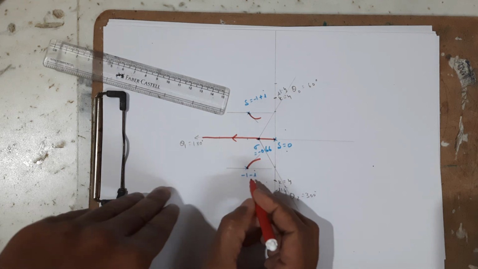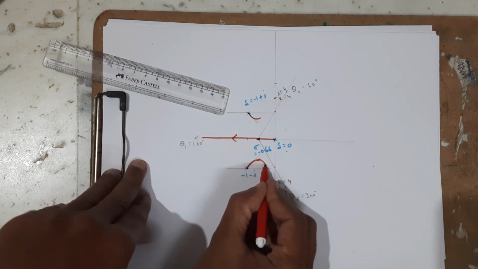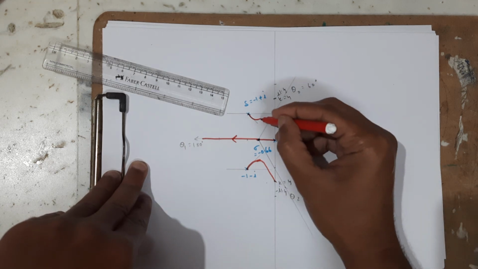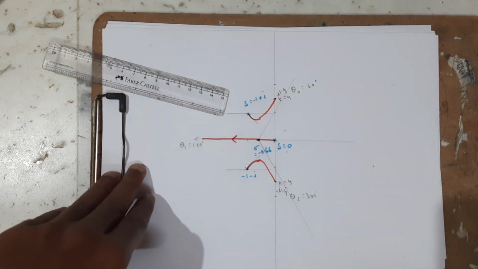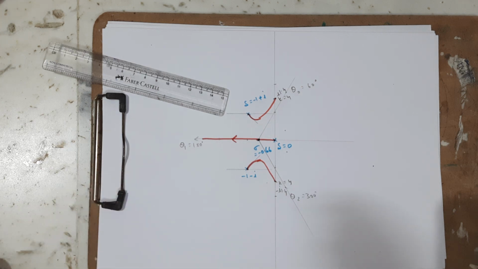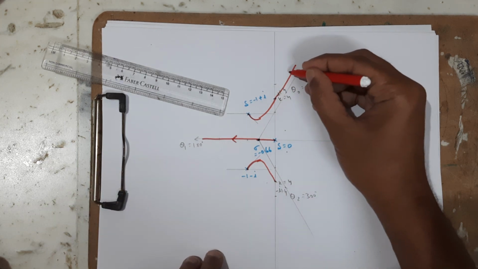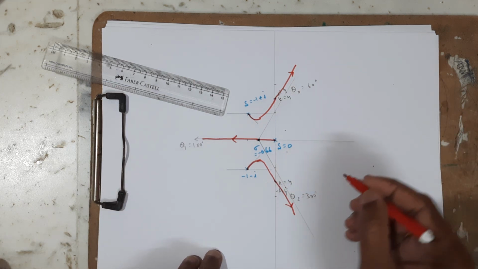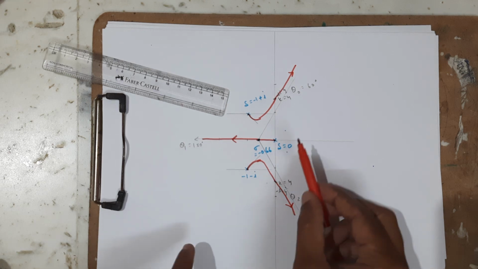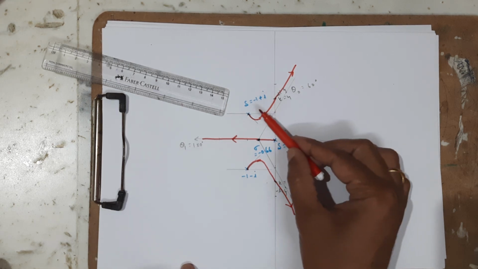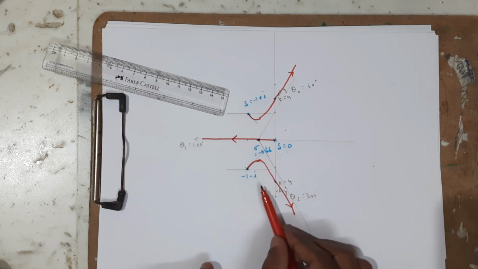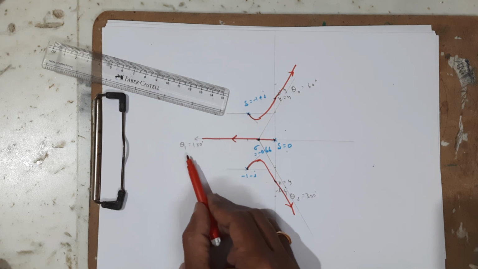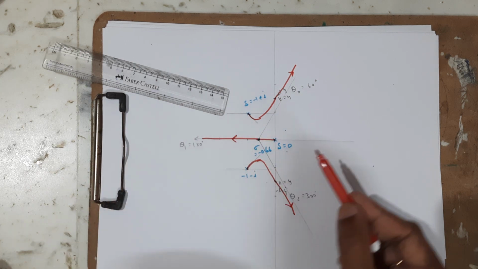From these two roots, they are going to follow and intersect the imaginary axis at plus 1.4 j and minus 1.4 j. After this it is going to follow the asymptote like this. Another branch is going to follow the asymptote like this. So three branches are there. The first branch starts from s equal to 0, minus 1 plus j, and minus 1 minus j. The s equal to 0 branch follows the theta 1 asymptote, 180 degrees, and ends at infinity.